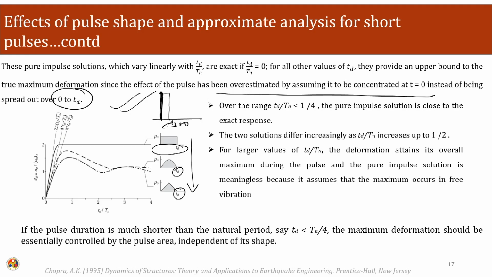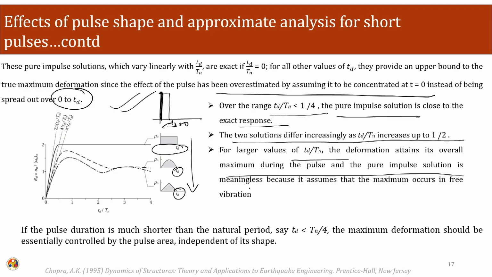So we are overestimating the effect of the loading due to the pulse loading. Over the range Td over Tn less than 1/4, the pure impulse solution is close to the exact response. The two solutions differ increasingly as Td over Tn increases up to half. For large values of Td over Tn, the deformation attains its overall maximum during the pulse, and the pure impulse solution is meaningless because the maximum occurs in its free vibration phase.